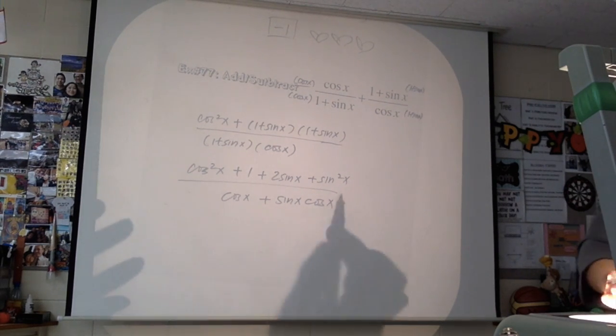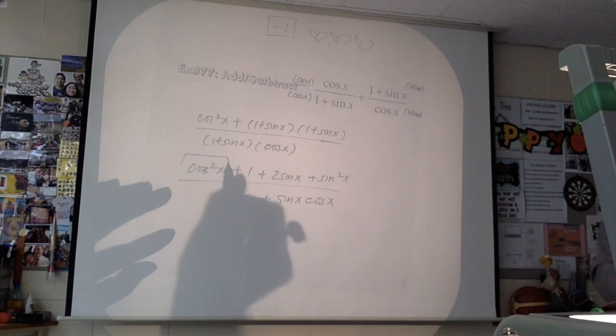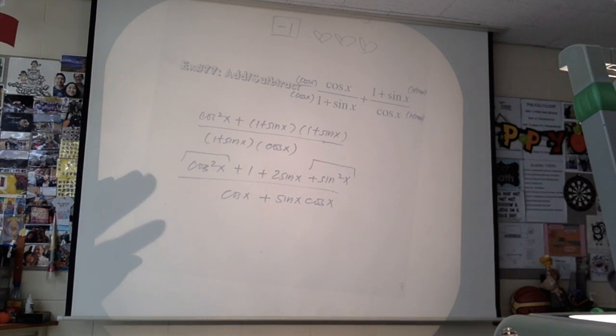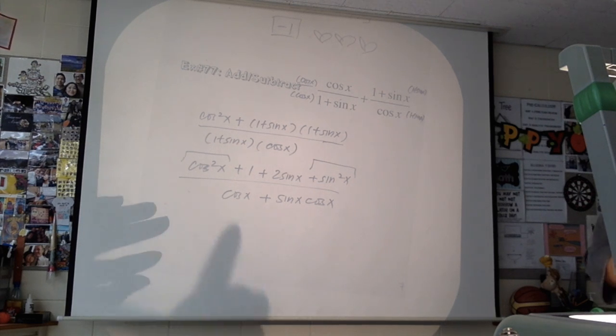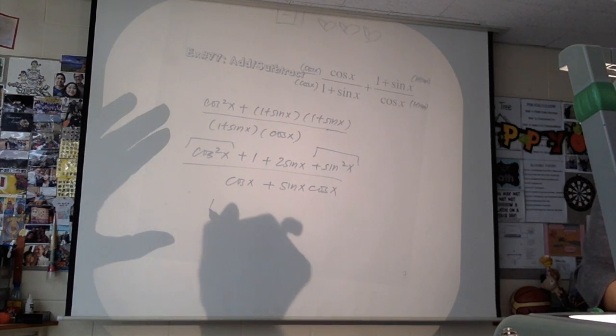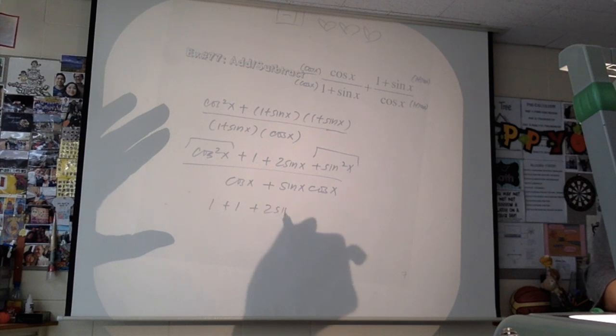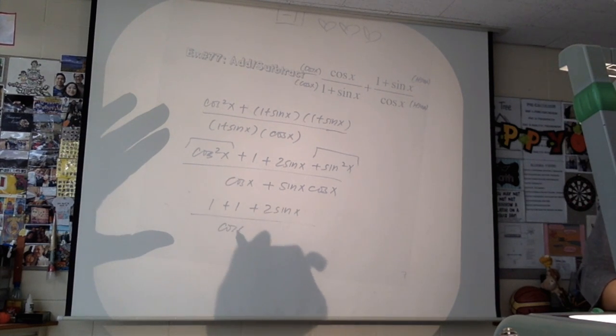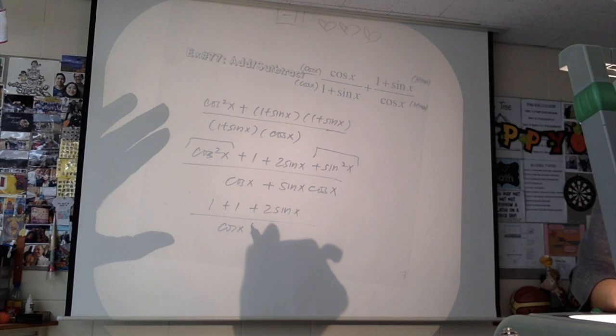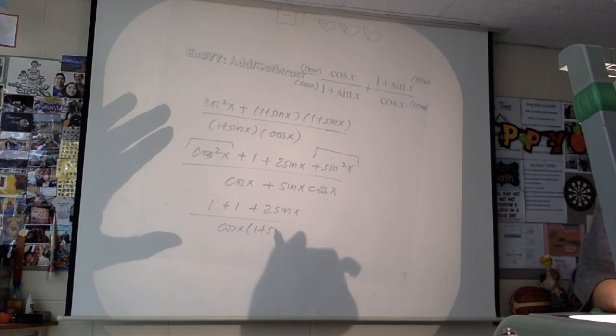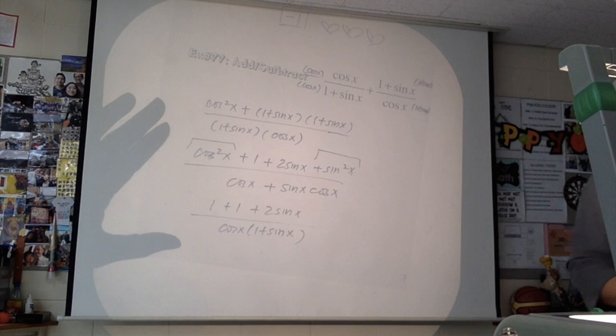Now, right here, is there anything we can do? Oh, yes. If you want to try it on your own, you guys stop the video and try it, okay? And then you can check back with me. But I know that cosine squared x and sine squared x will give me 1, so 1 plus 1 plus 2 sine x over cos x times 1 plus sine x. Because I can factor out the cos, okay?